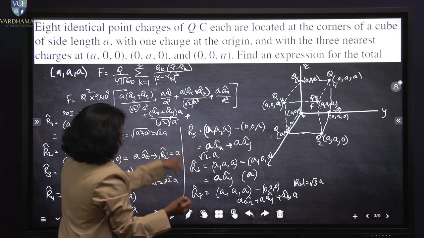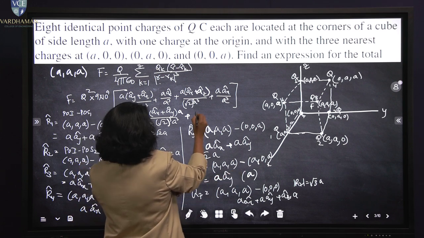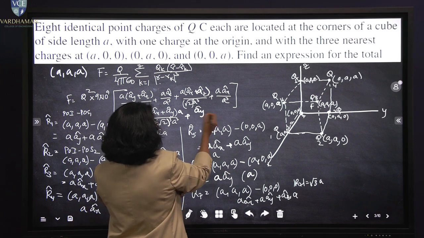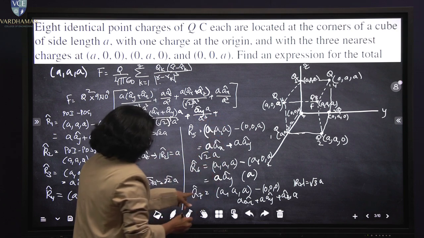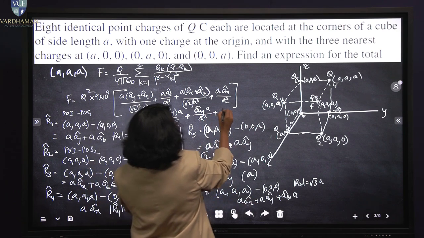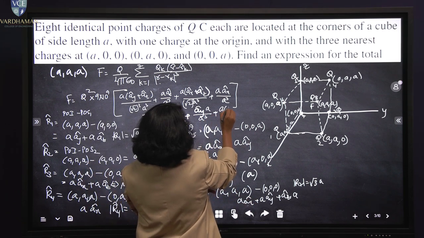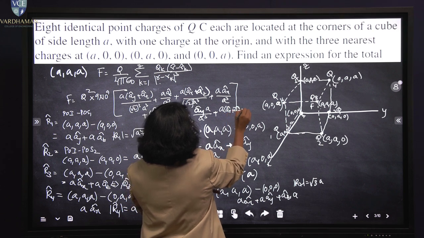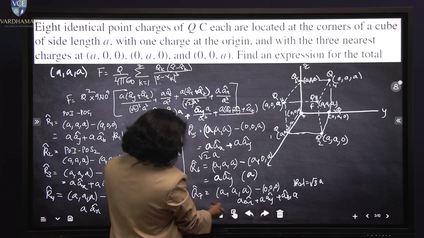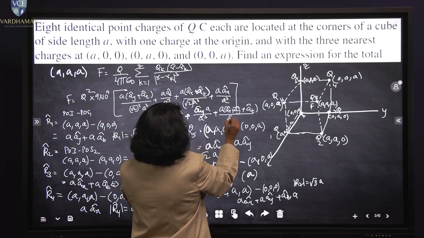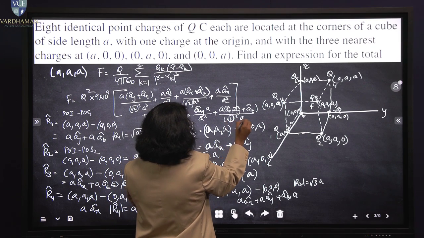Then 6th vector, it is ay along ay, a by a cube. Next, 7th vector, all the components, a times of ax, ay, az by root 3a. So root 3 whole cube a cube.